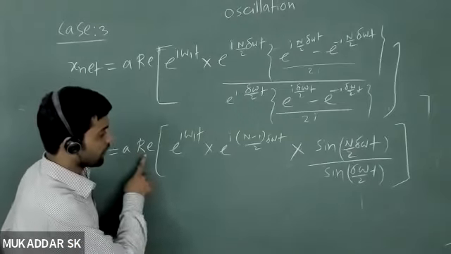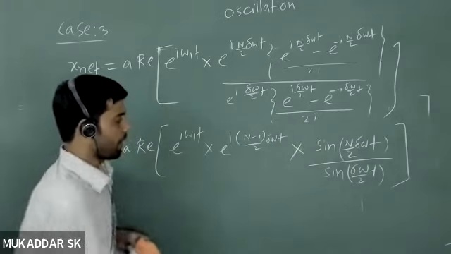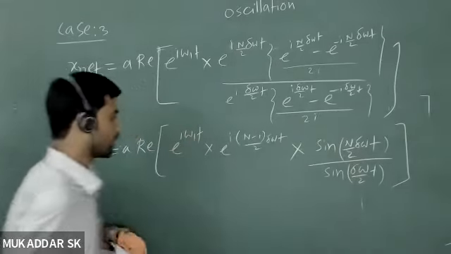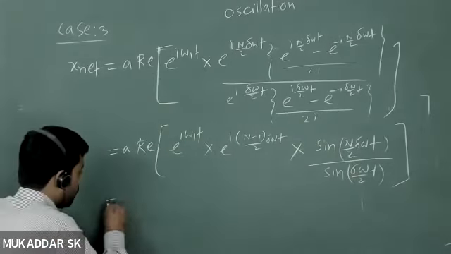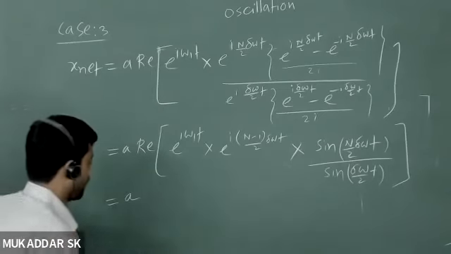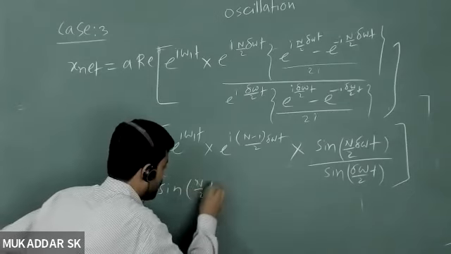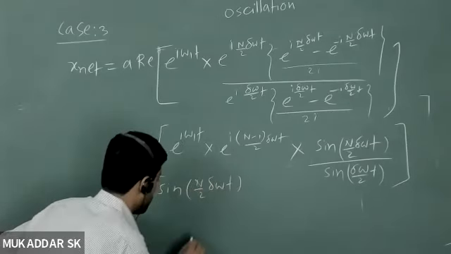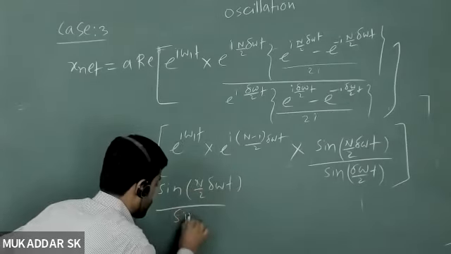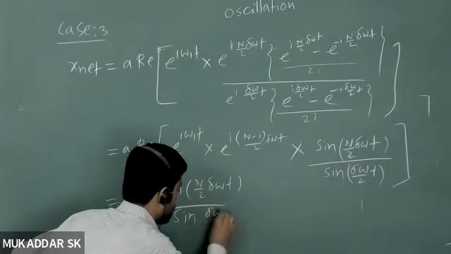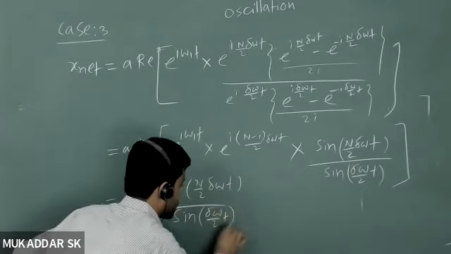RE means you have to take the real part of this function, and this function is already real. You can bring it outside. So I can write a into sine of n by 2 delta omega t divided by sine of delta omega by 2 into t.